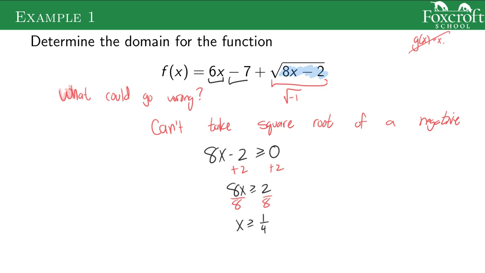So my domain is all the x values that are bigger than or equal to 1/4. Just notice this equal sign is there because you can take the square root of 0, it's 0. You just can't do the square root of negatives. So whenever you see a square root in your problem, you're going to do something that looks like that.